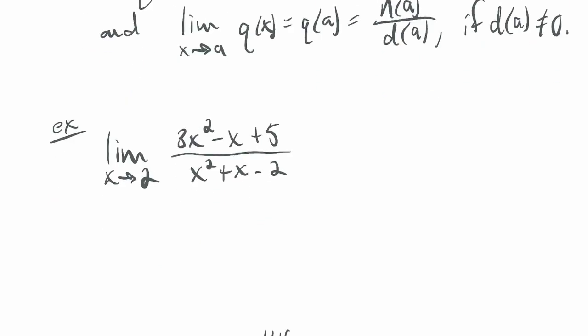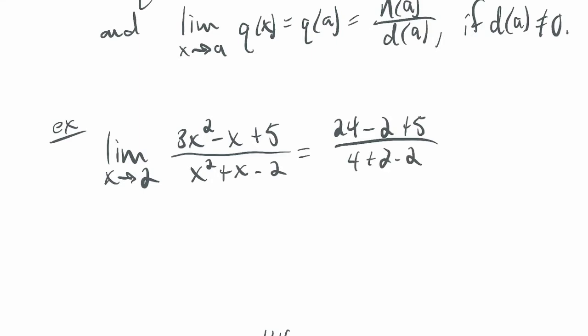So in this example, I can just plug in 2 and see what I get. If I end up getting 0 on the bottom, that means this doesn't work. But it's something I can try, right? So in this case, if I plug in 2, I'll have 3 times 8, so 24, minus 2 plus 5, all over 4 plus 2 minus 2.